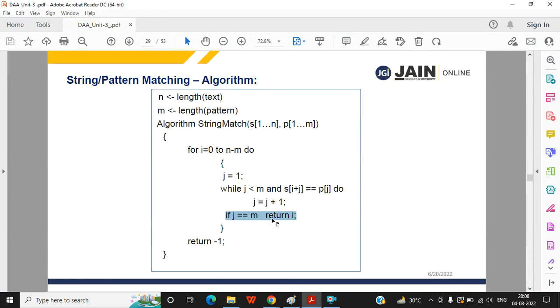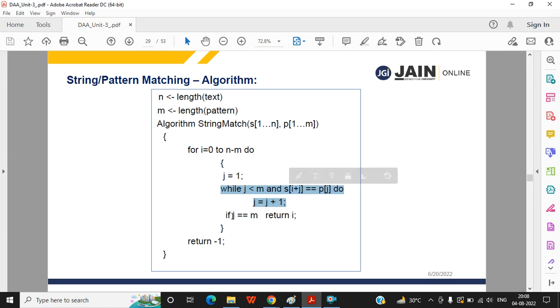So this is the condition which actually identifies whether the pattern is found inside the string or not. Because when your j started from 1, it enters inside a loop, and inside that loop j has been incremented just by 1.